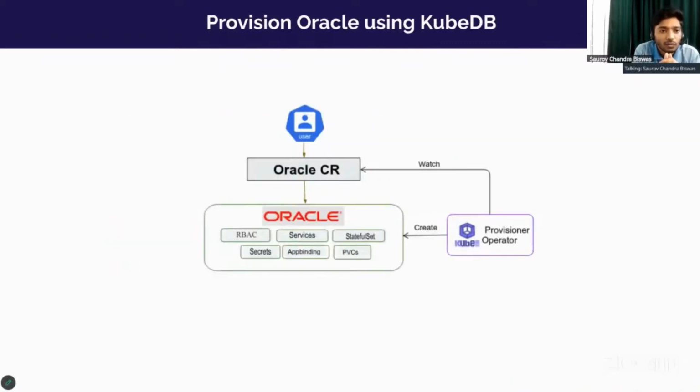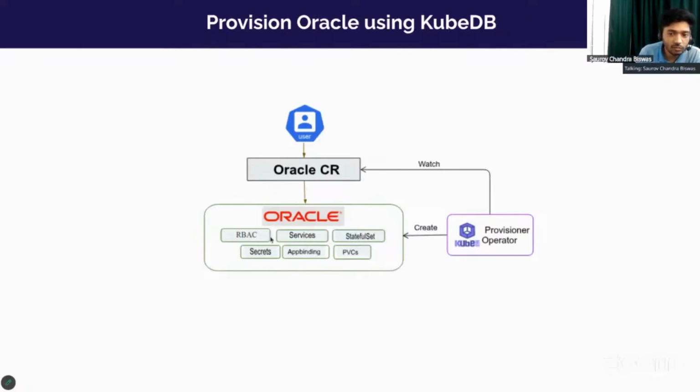From your perspective, you will just need to create an Oracle custom resource, and then our provisioner operator is watching that particular custom resource and will create the necessary environment to run your database in Kubernetes. What are those resources? You can see here we are creating a stateful set, persistent volume claims, app binding, services, secrets, RBAC.